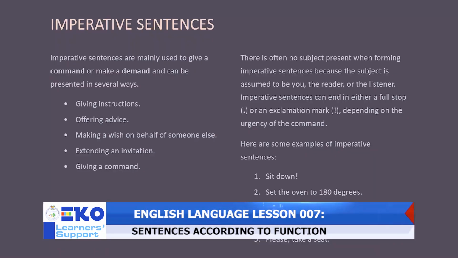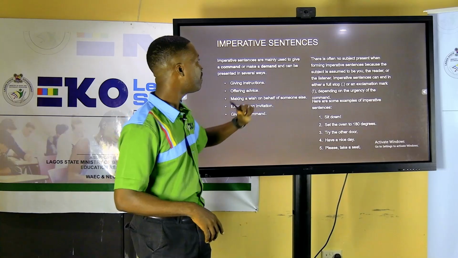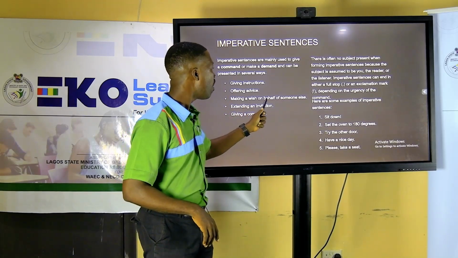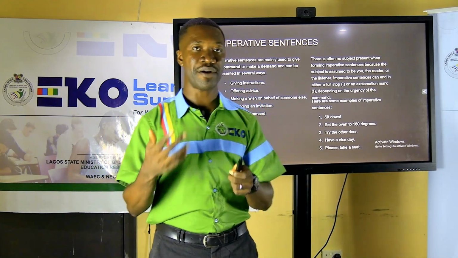You are offering advice to someone, you make use of the imperative sentence. You are making a wish on behalf of someone else, you make use of the imperative sentence. And also, when you are extending an invitation, you also make use of the imperative sentence.